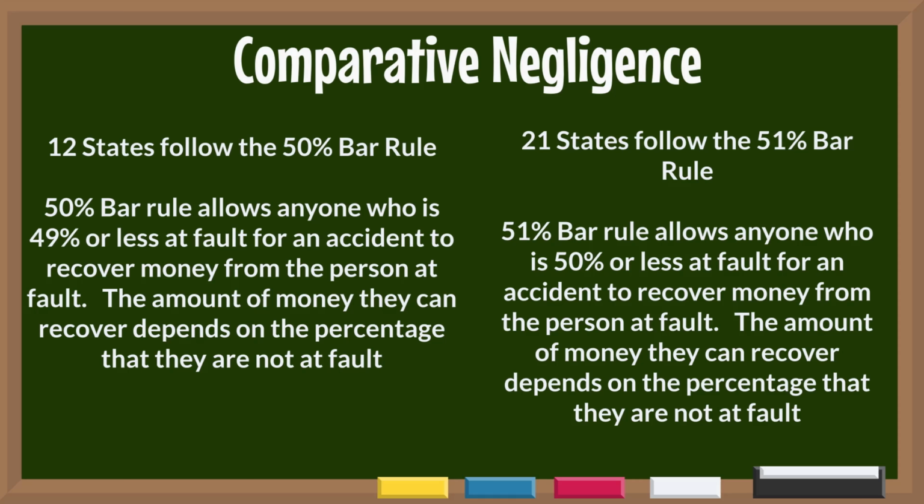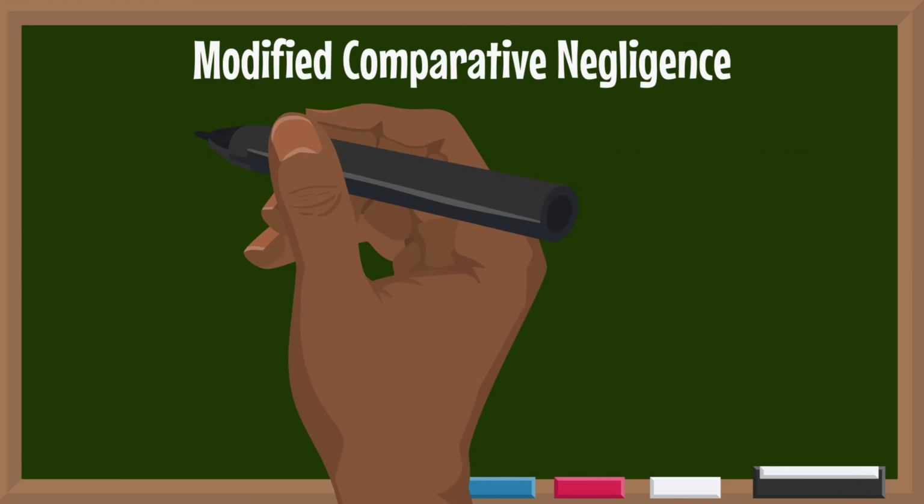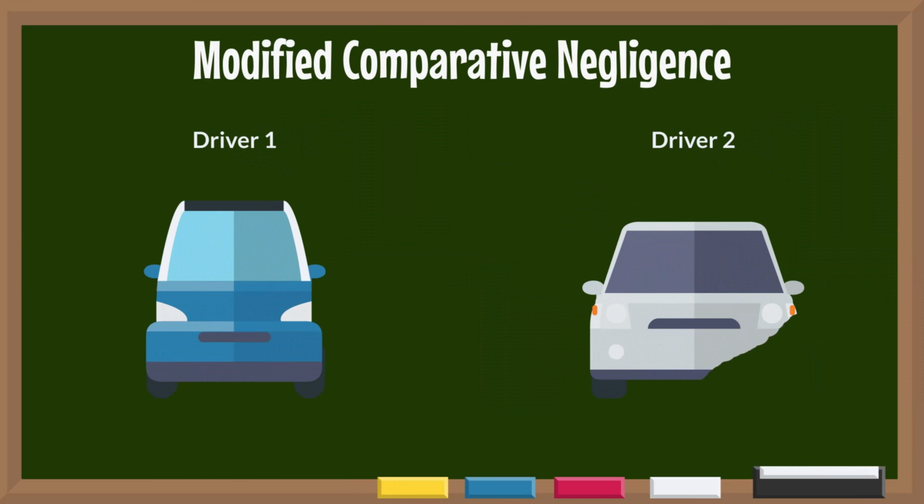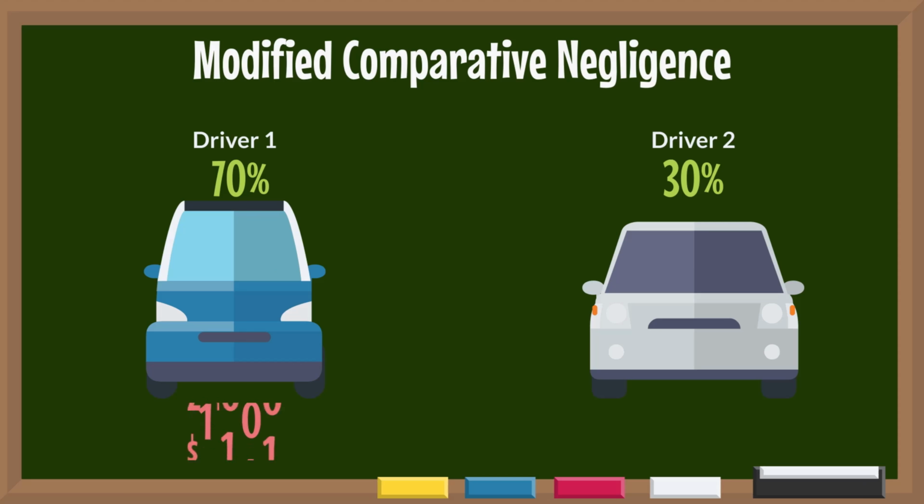So for example, if driver 1 and driver 2 were involved in another accident, and driver 1 is 70% at fault for the damages, and driver 2 is 30% at fault. Let's say driver 1's damages came out to be $1,000, and driver 2's damages came out to be $300.